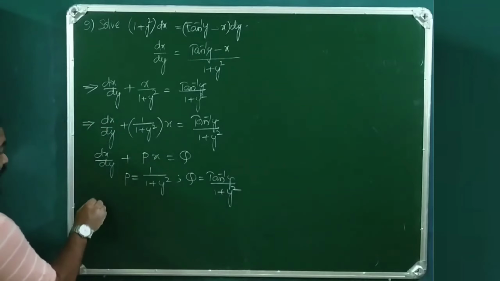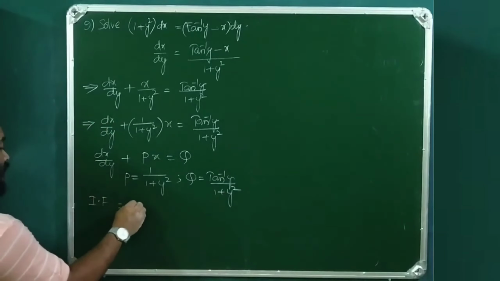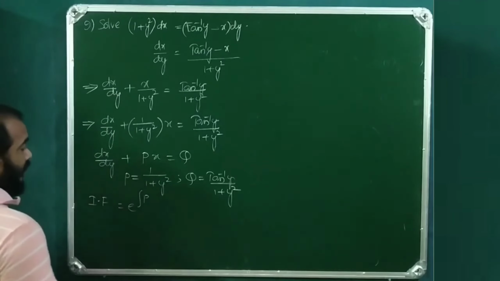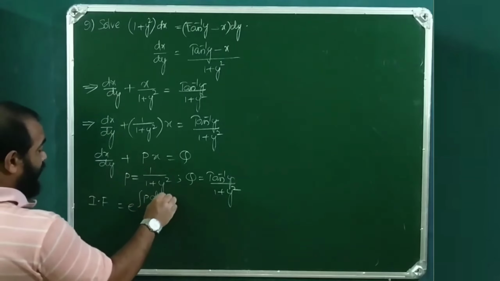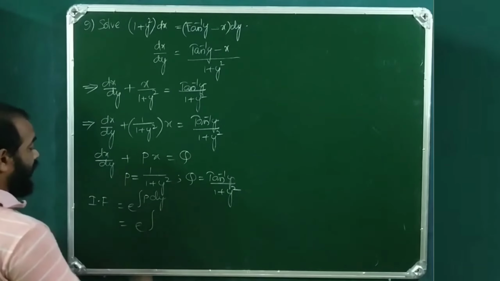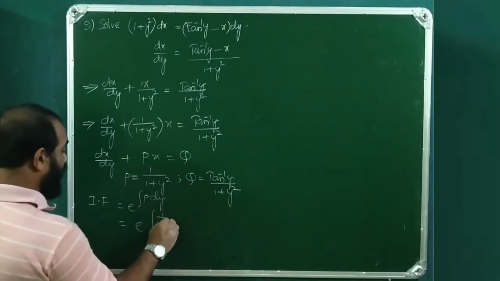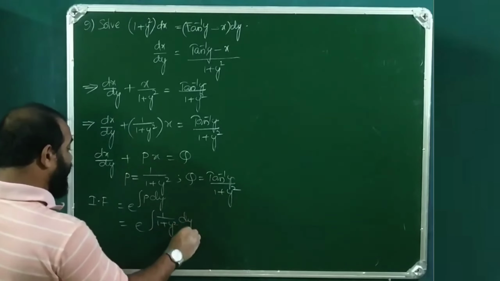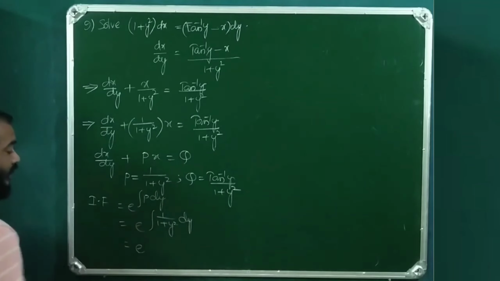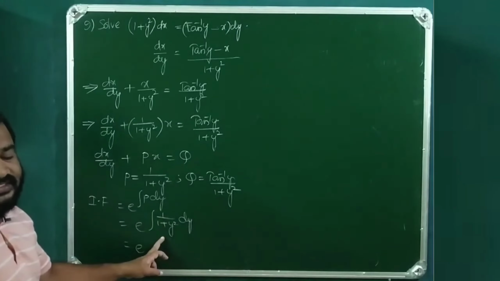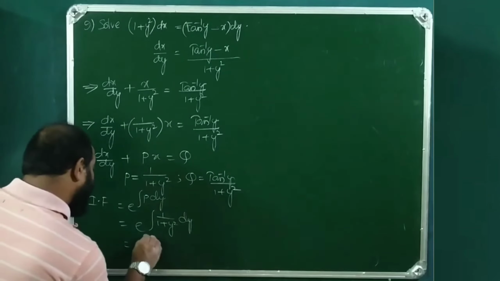So therefore the integrating factor is e power integral p dy, e power integral of 1 by 1 plus y square dy. So e power integral 1 by 1 plus x square dx is tan inverse x. Here it is tan inverse y.